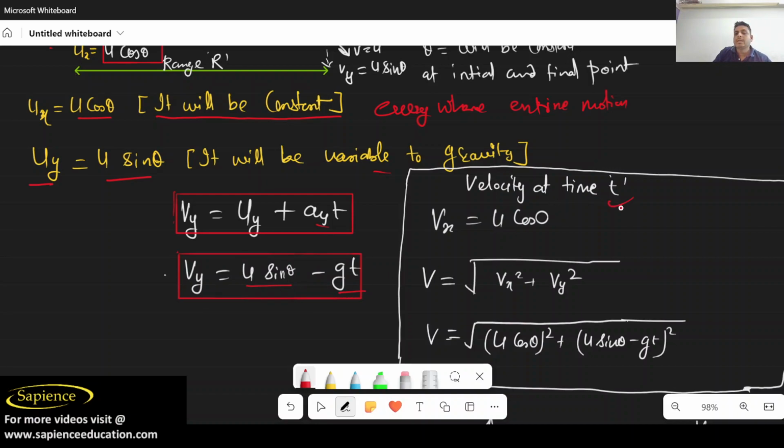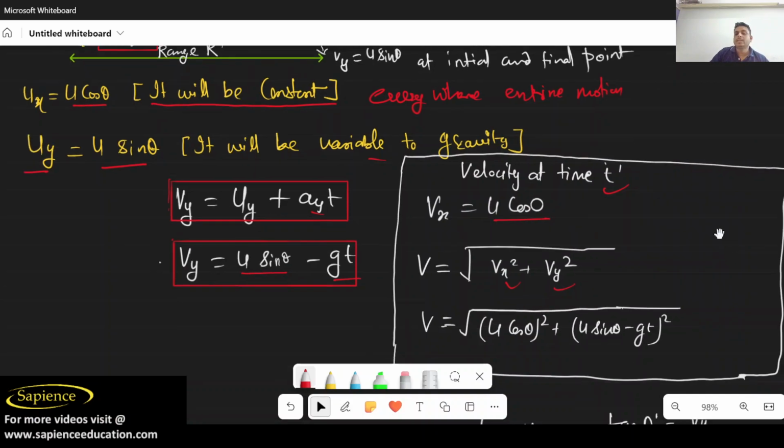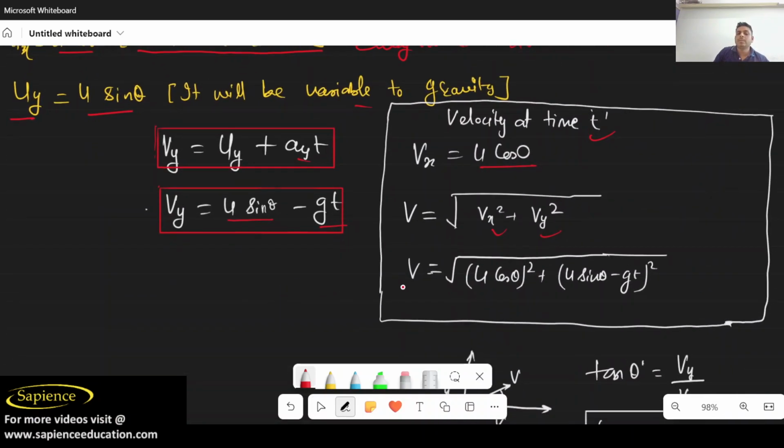Also, velocity at a time t, Vx is equal to u cos theta. If you want to find the net velocity anywhere, the magnitude of the velocity can be written as Vx square plus Vy square, that is (u cos theta) square plus (u sin theta minus gt) square, under a root. So this is the velocity at any time t.